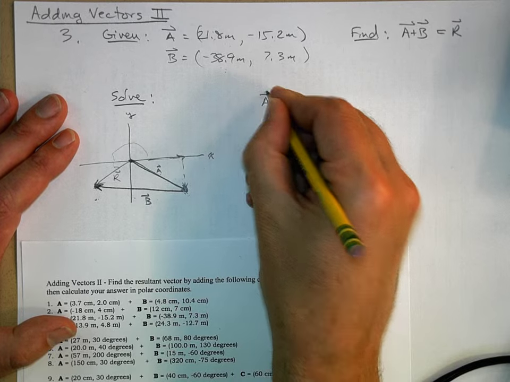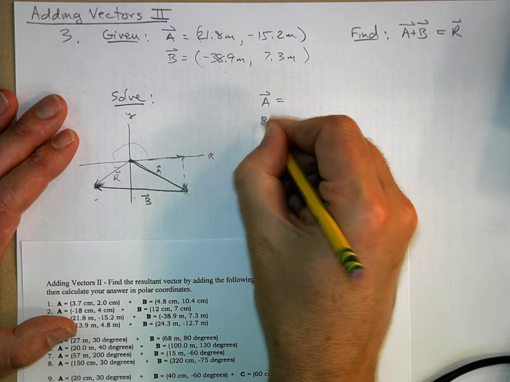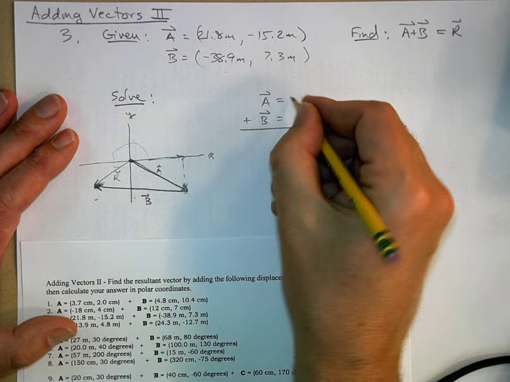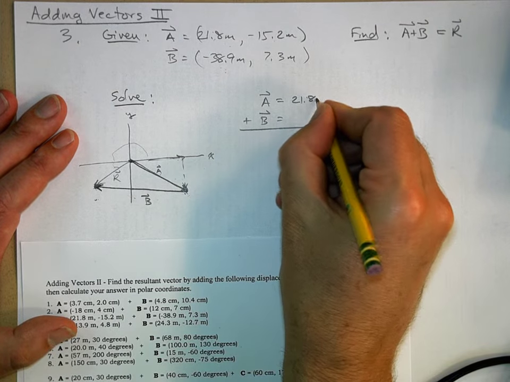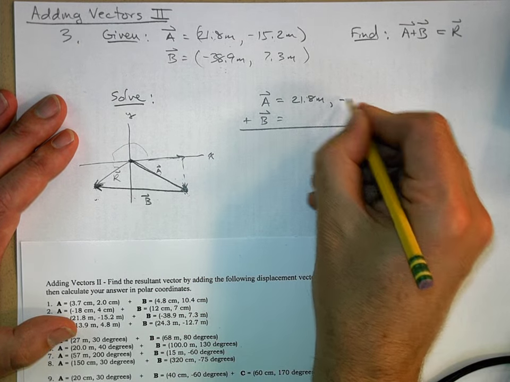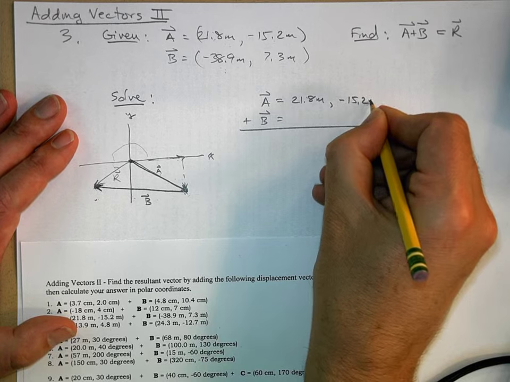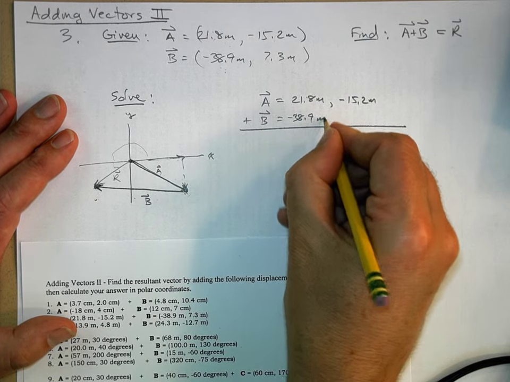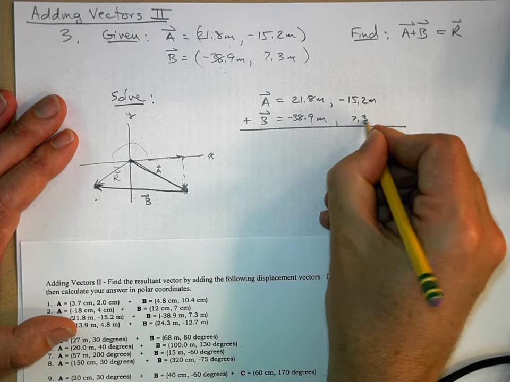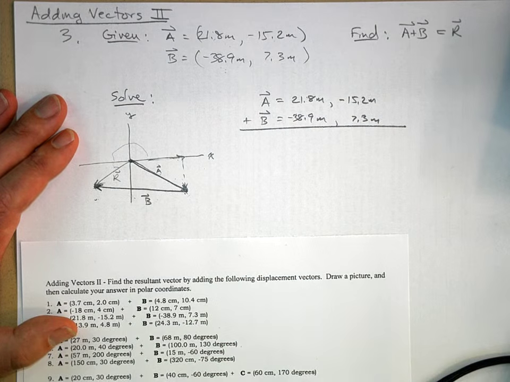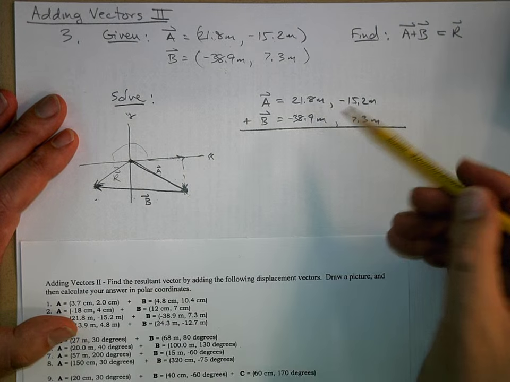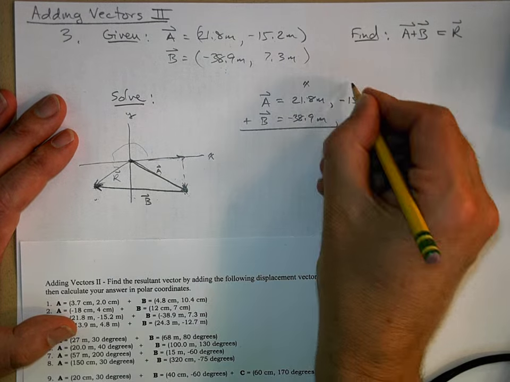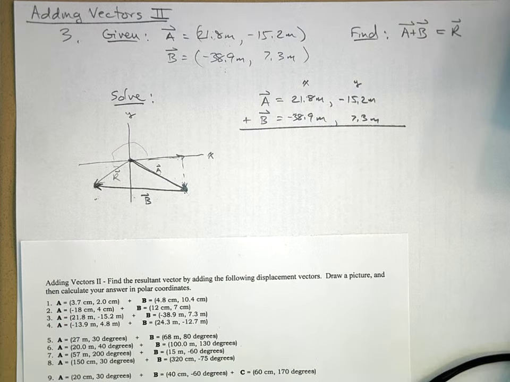Here's A, B, and we're going to add them like this. Now A is 21.8 meters, negative 15.2 meters. B is negative 38.9 meters, 7.3 meters. Do you see that these are already in rectangular coordinates? These are already in x and y, so I can add them right now.